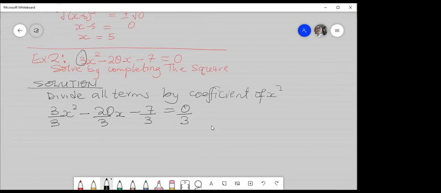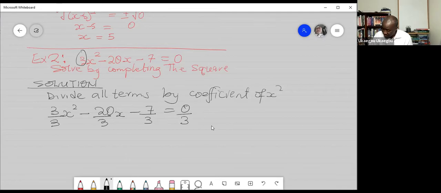Okay? So now that we have 3 divided by 3 is 1, this one we have to leave the way it is, and then 0 divided by 3 is 0. So now let's rewrite our equation. Our new equation is going to be x squared minus 20 over 3x.